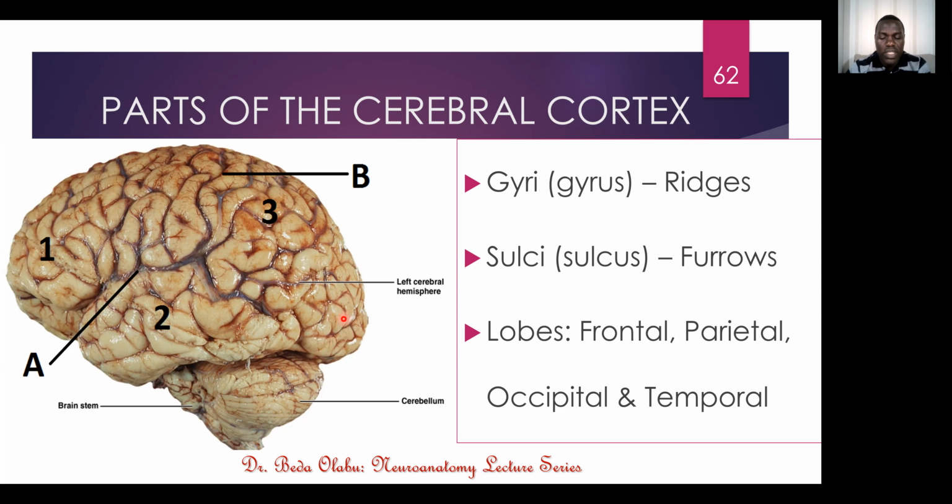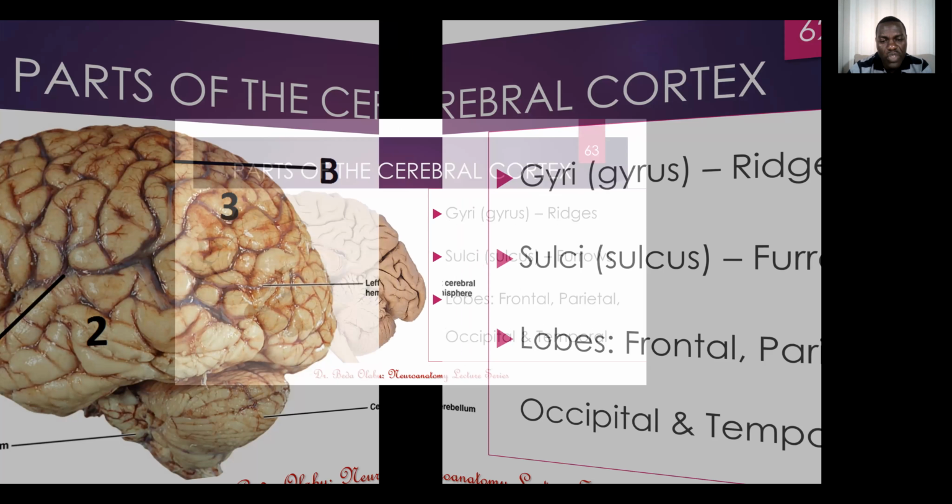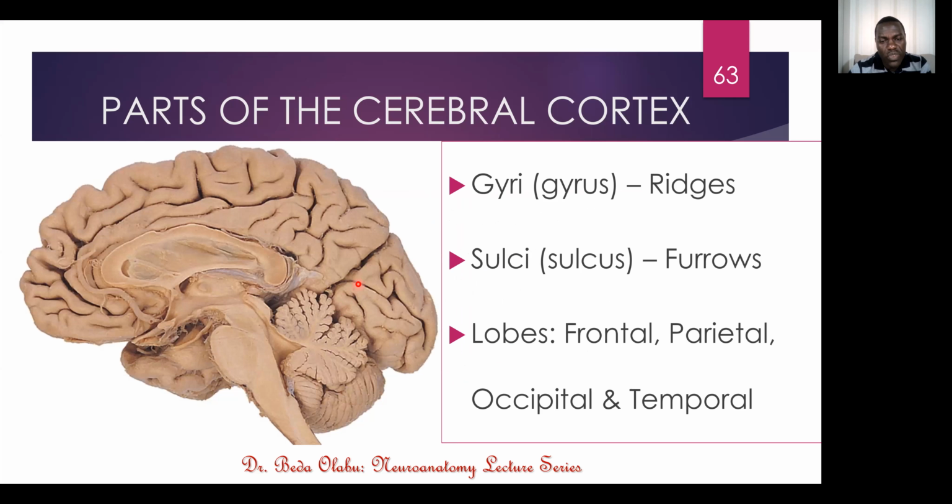The 4th lobe, which is occipital lobe, is posteriorly here. But if you want to see occipital lobe well in terms of its demarcations, then perhaps a better view is the medial view as opposed to a lateral view. And on that medial view, there's a deep sulcus that separates the parietal lobe from the occipital lobe.